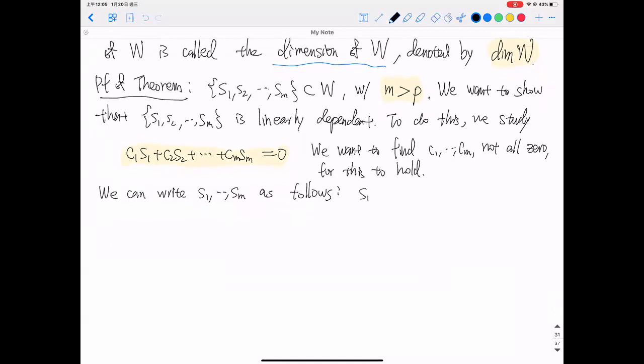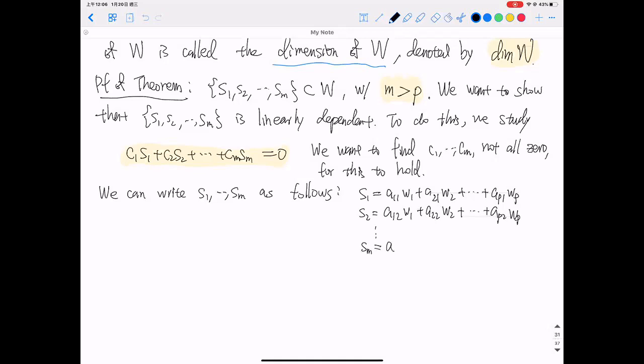So let's see, S1 goes to A11 W1, A21 W2, and so on, plus AP1 WP. Say S2 is A12 W1, A22 W2, plus AP2 WP, and so on.